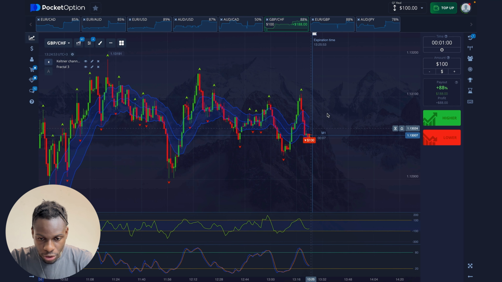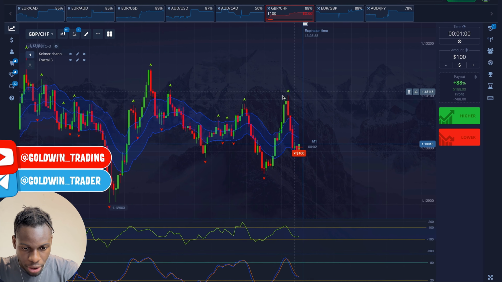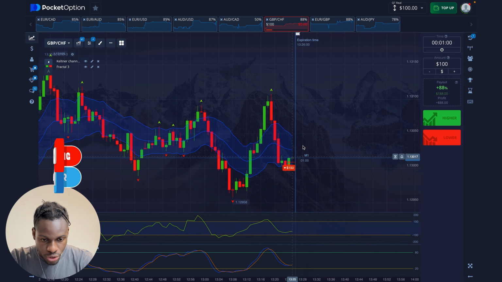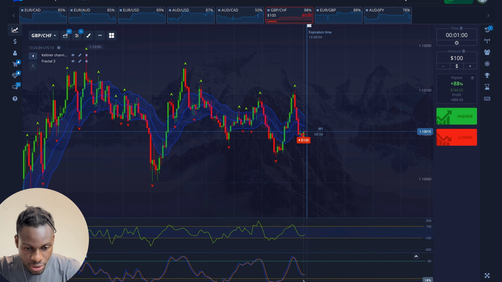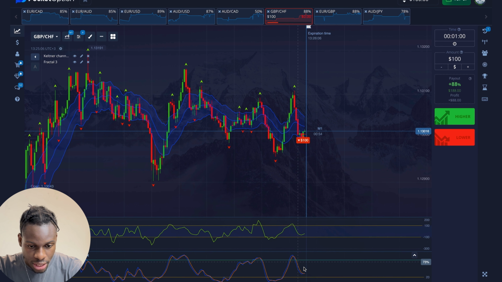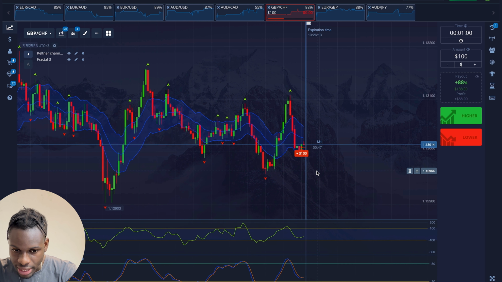So I just took my first trade and we took a sell, guys, and we're following the current market dynamics actually. So we see that the moving averages of both the oscillators are not in the oversold zone yet. So there's further downward potential. They're heading there, but not there yet.